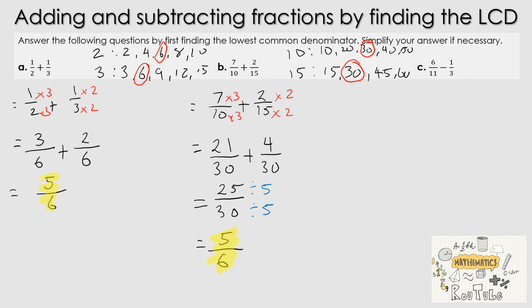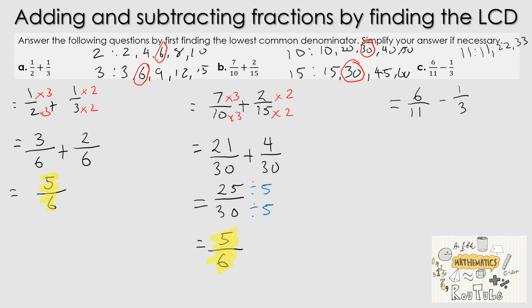And the third and final question for this little part here is 6 over 11 minus 1 over 3. Okay, so once again, we know that we cannot simply just subtract because we have different denominators. So let's list the first few multiples of 11. So we go 11, 22, 33.